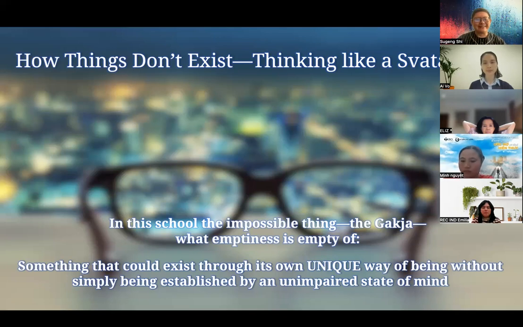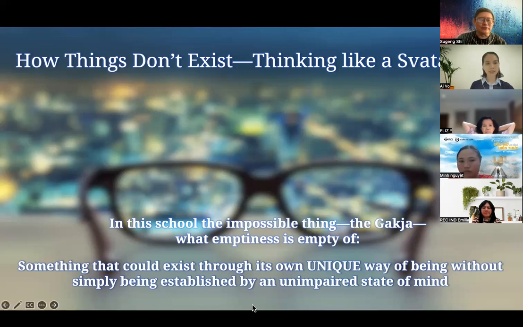Okay, got it? At first we say it has to be there and we have to see it with an unimpaired mind. This school says the Gakcha, the impossible thing, is for it to exist in a unique way without us looking at it.